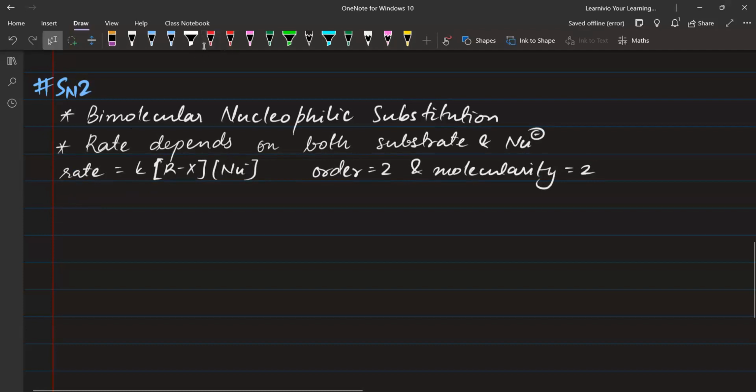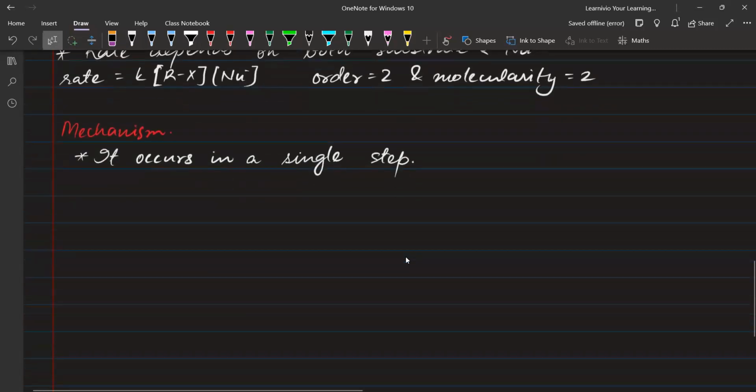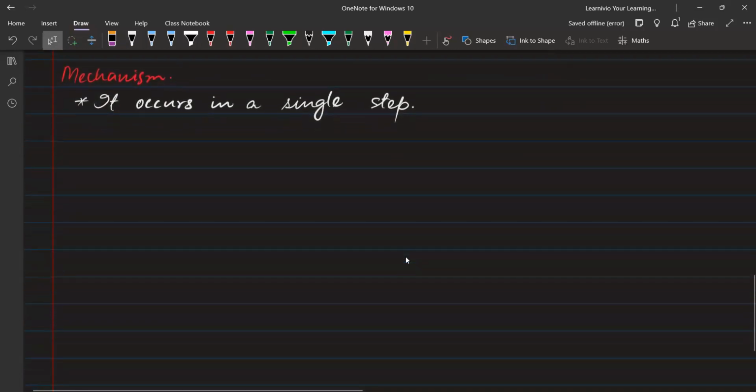Mechanism. First of all, it occurs in a single step. थोड़ा ध्यान से देख लीजिएगा यहाँ पे, है ना.